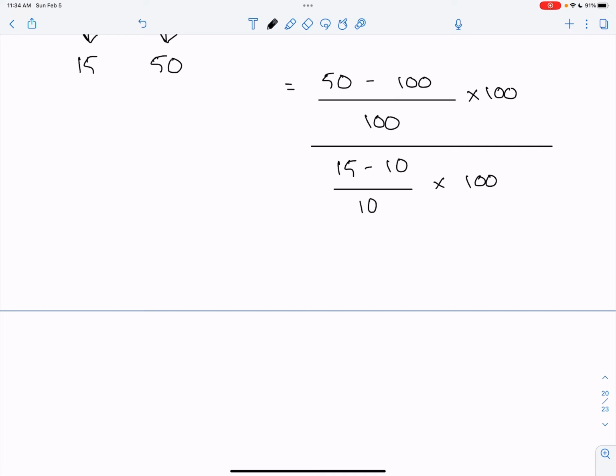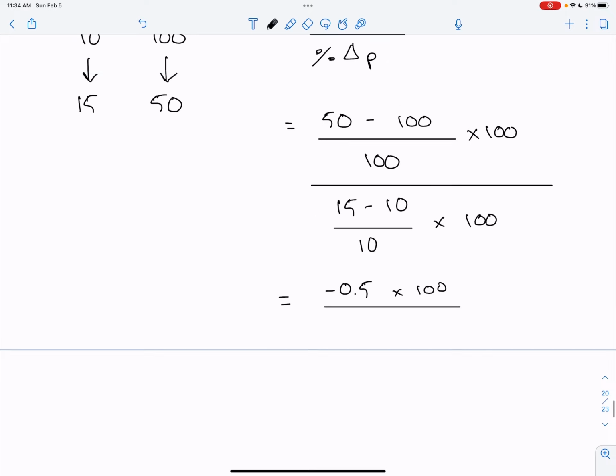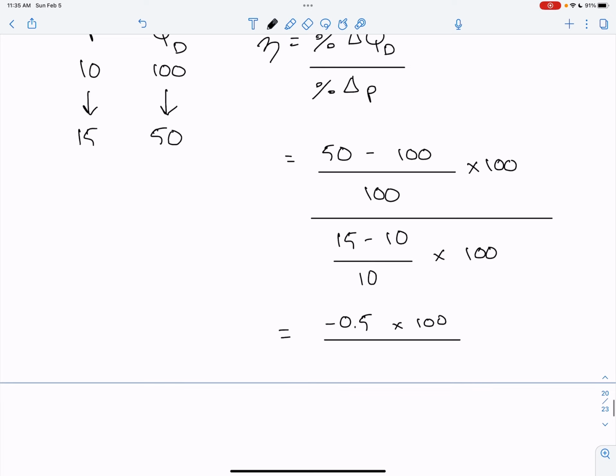So 50 minus 100, that's negative 50, divided by 100, that would be negative 0.5. So you'd get negative 0.5 times 100 divided by, now 15 minus 10 is just 5, and 5 divided by 10 is also 0.5.